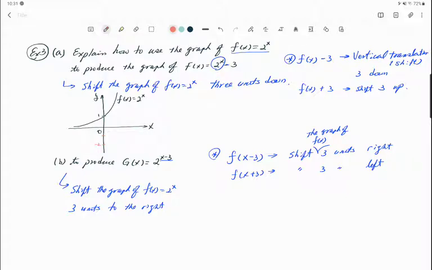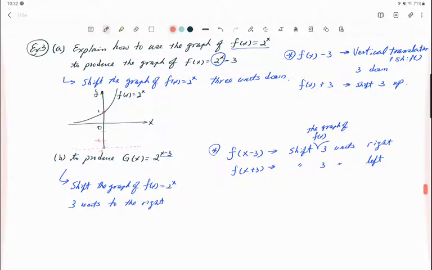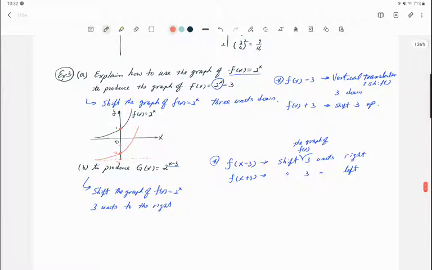This one moved down 1, 2, 3, and here's negative 3. So this point will move down 3 units over here. So the graph looks like this, right? So this is f of x, which is 2 to the x minus 3.